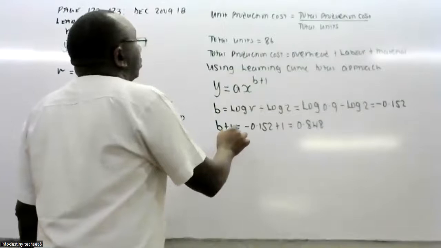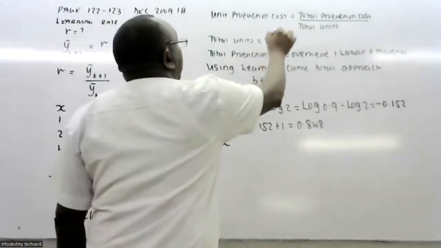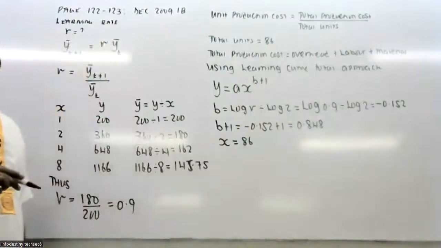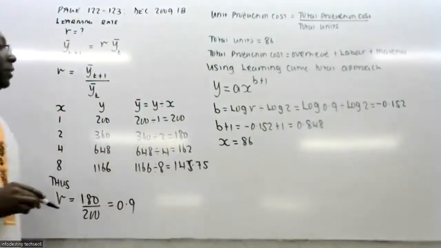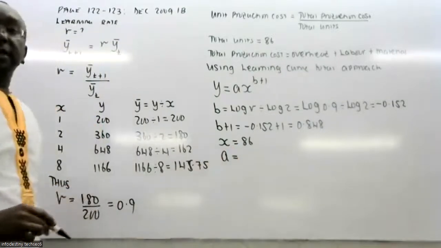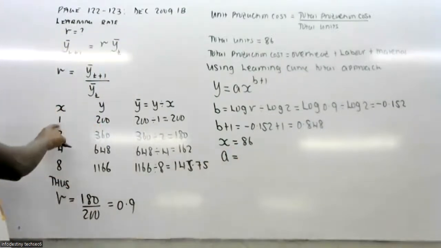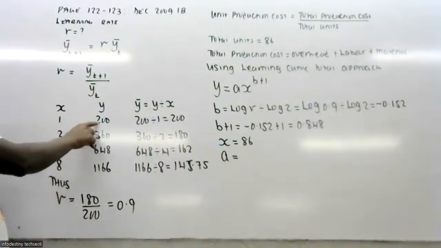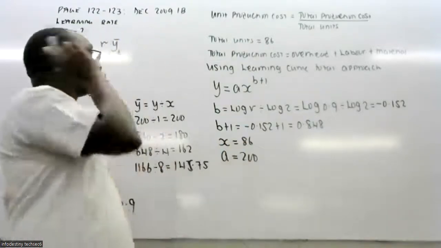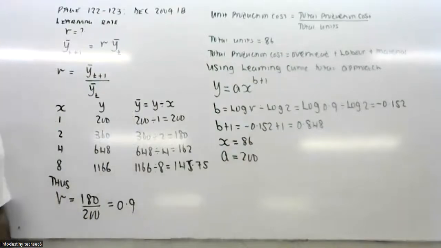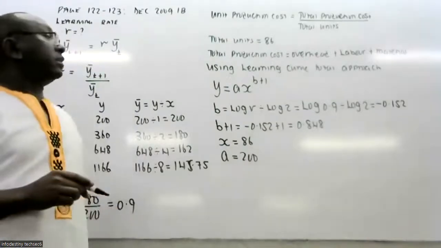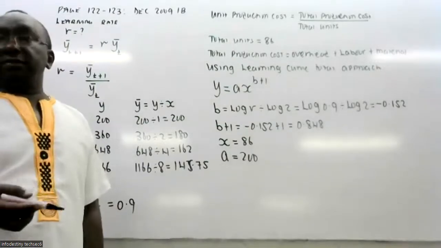X, we already know, it is 86. A, the time for the very first unit, we are told it took 200. Now it is substitution. In substituting, we need to know, is it a case of specific or a case of interval?